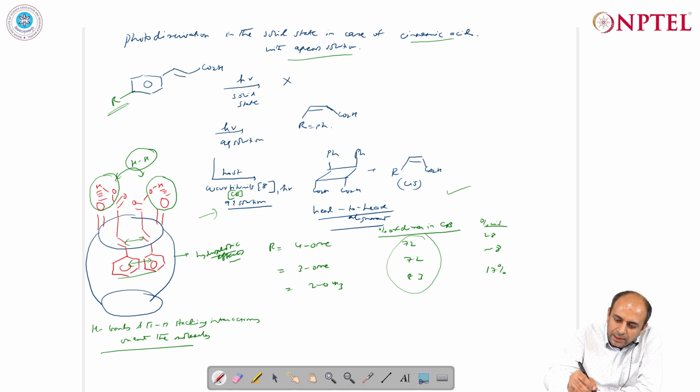Along the same line, let us look at some other interesting examples if we consider charged groups. We were looking at uncharged systems, but we can also have charges on the systems. We can have a positively charged species here, and also a positive charge here as well as a positive charge here.